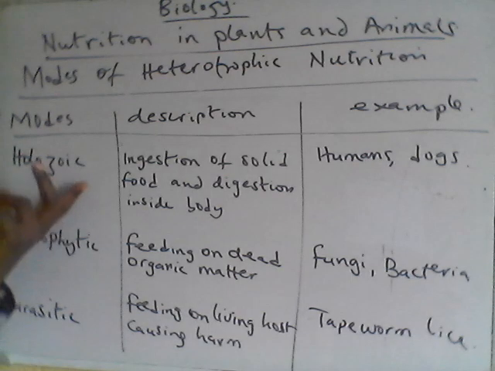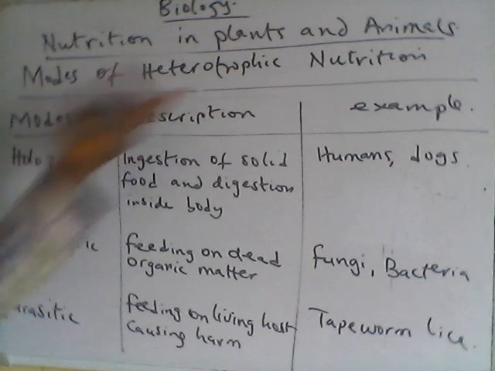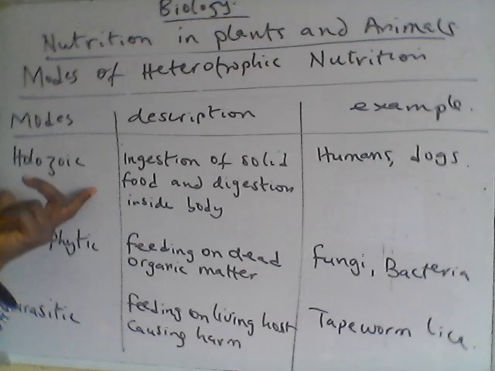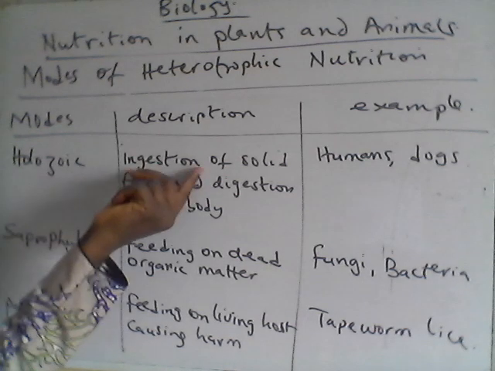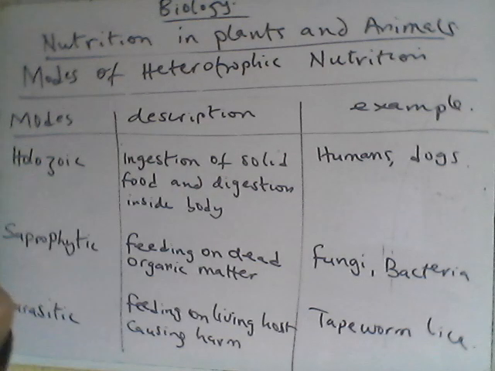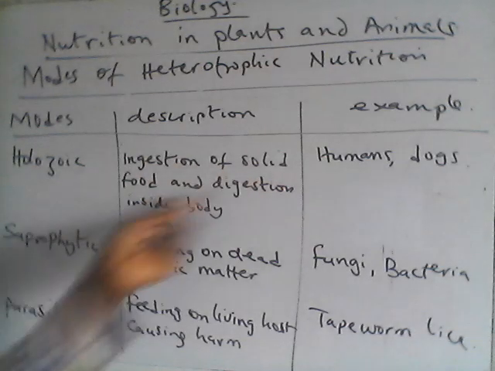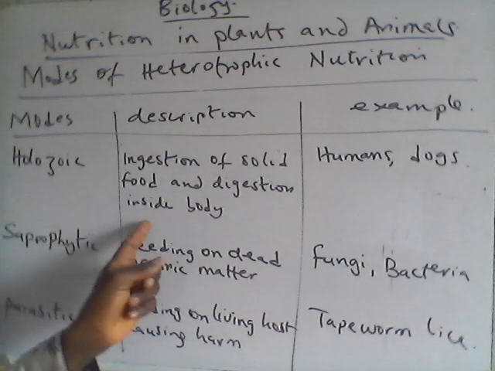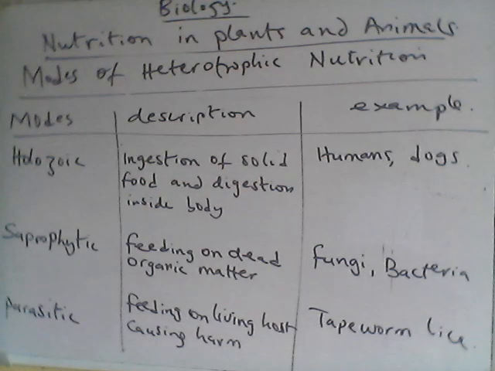Holozoic heterotrophic nutrition is ingestion. Ingestion means taking in, to eat. Ingestion of solid food and digestion inside the body. So you eat food and it is digested inside the body. Examples are humans and dogs.